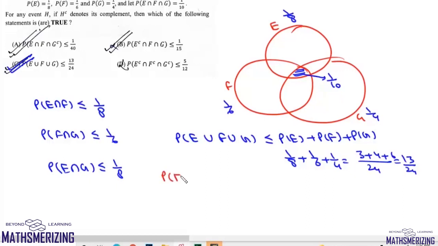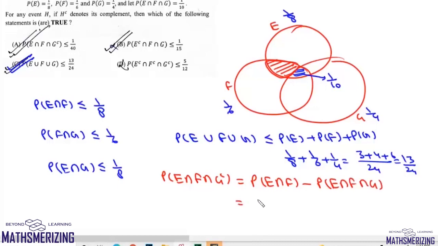Now if we look at probability of E intersection F intersection G naught, this probability is equal to probability of E intersection F minus probability of E intersection F intersection G. Now this is probability of E intersection F minus, and this probability is 1 by 10.